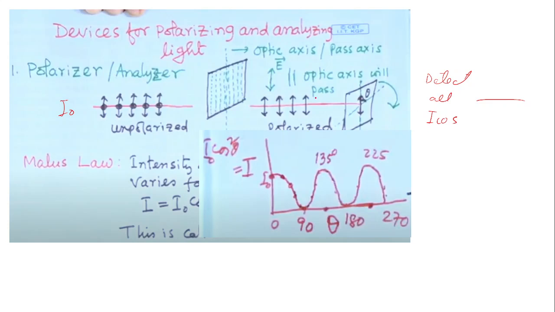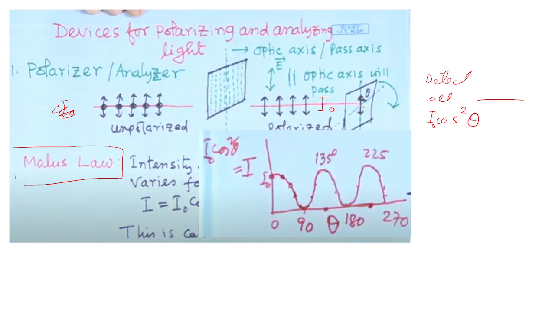If I naught is coming here, some higher intensity was there, now only the electric field parallel to the optics axis of this device is coming here, so it will be some I naught. And depending on the analyzer's optics axis, we'll get I naught cos theta, I naught cos square theta actually. So this law is called Malus law.